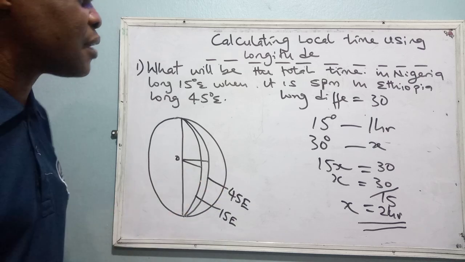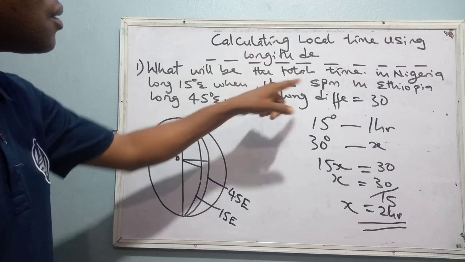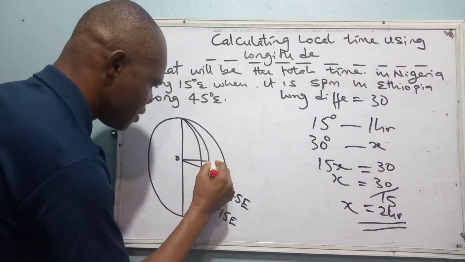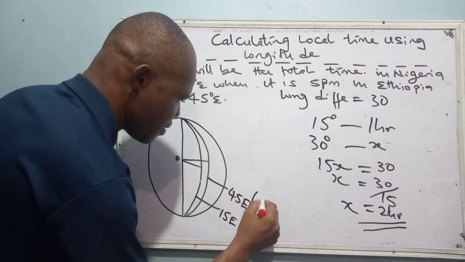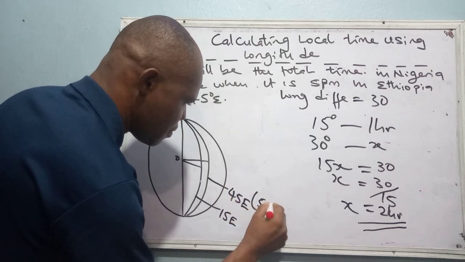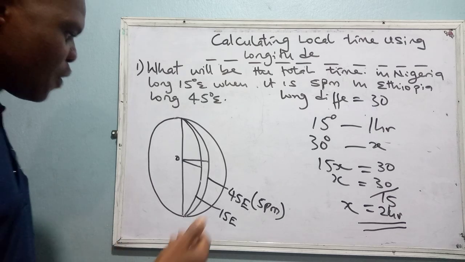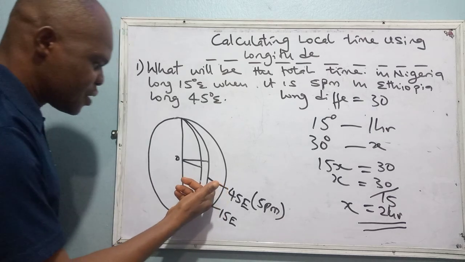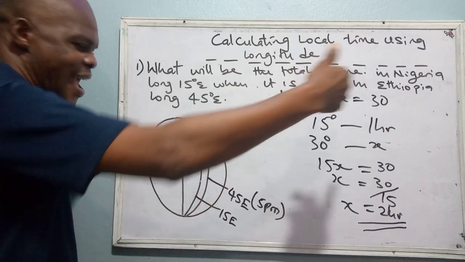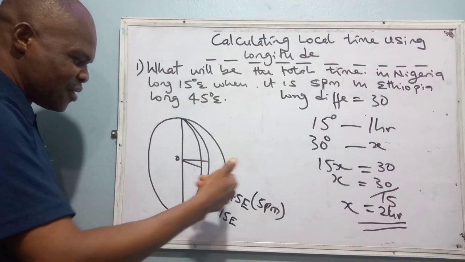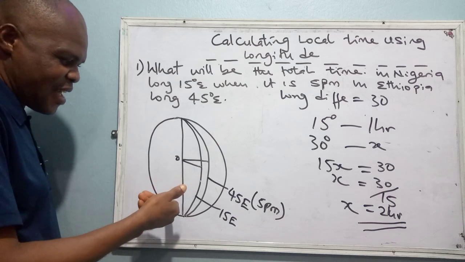And we already know that it is 5 p.m. in Ethiopia. Now, if you look at this, you will see that Ethiopia is ahead of Nigeria, while Nigeria is behind.